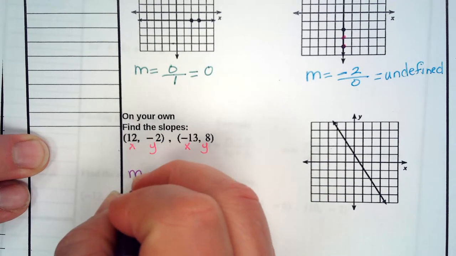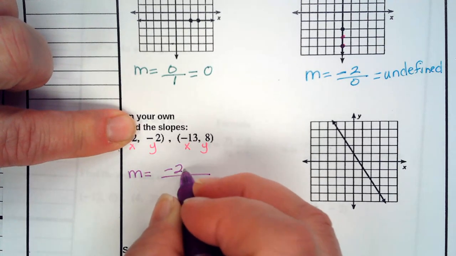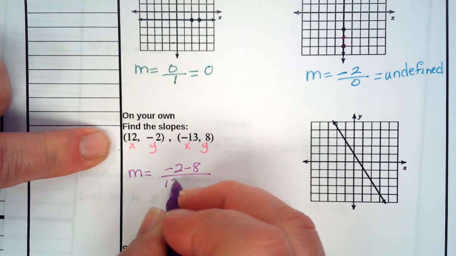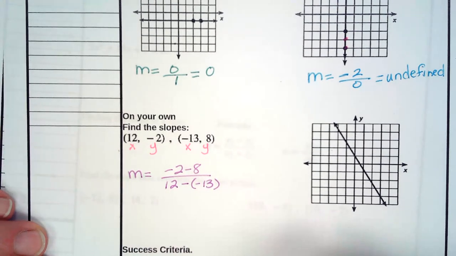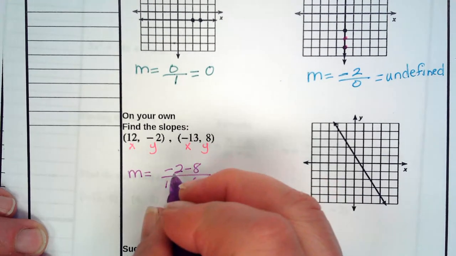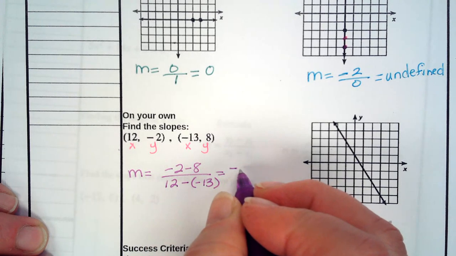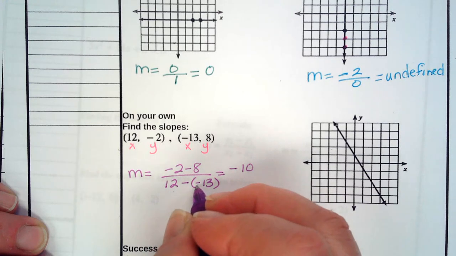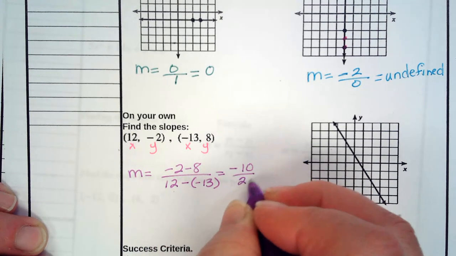My slope is equal to the change in y, -2 minus 8, over the change in x, 12 minus -13. -2 minus 8 is -10. 12 minus a -13 is 12 plus 13, which is 25.